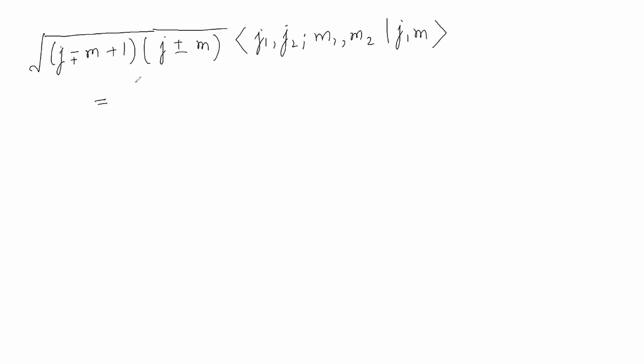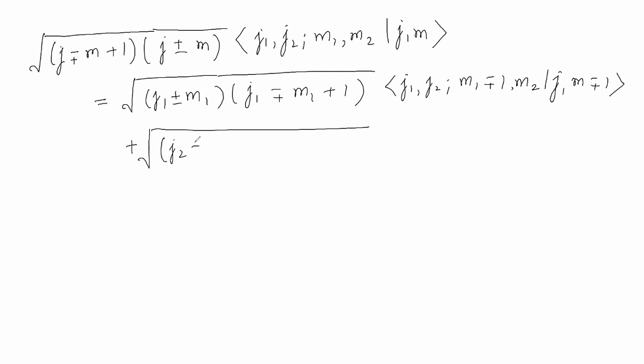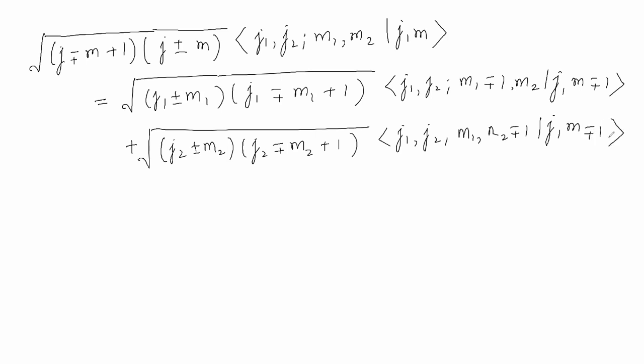This is equal to J1 plus minus M1, J1 minus plus M1 plus 1, J1, J2, M1 minus plus 1, M2, Jm minus plus 1, plus J2 plus minus M2, J2 minus plus M2 plus 1, J1, J2, M1, M2 minus plus 1, J, M minus plus 1.